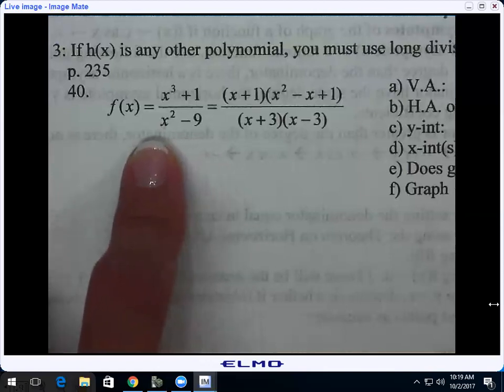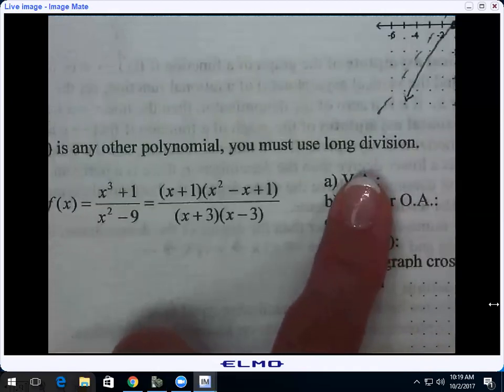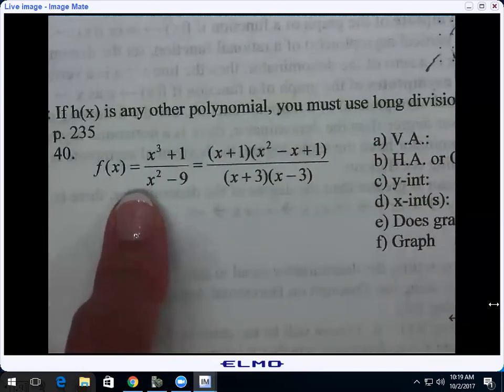If you can't use synthetic division, then what are you going to have to use? Kind of horrific long division. And you may not have even seen long division. I know that I don't cover it in college algebra, so I need to demonstrate that for you. But you just need to know in the homework when you can and cannot use synthetic division. I can't use synthetic division here.